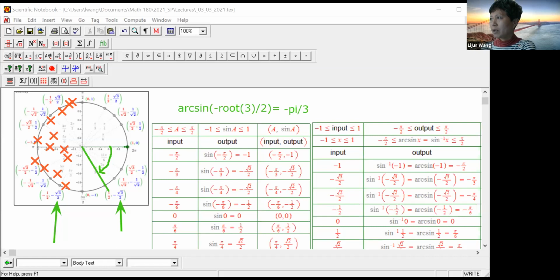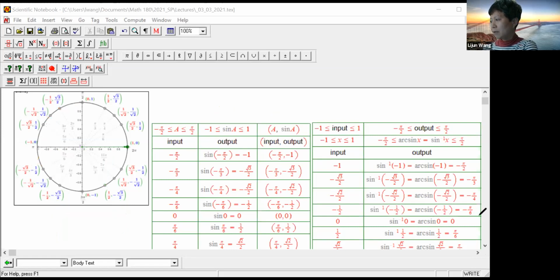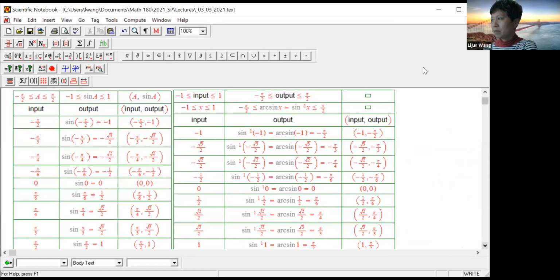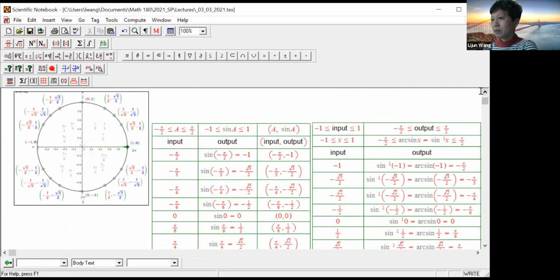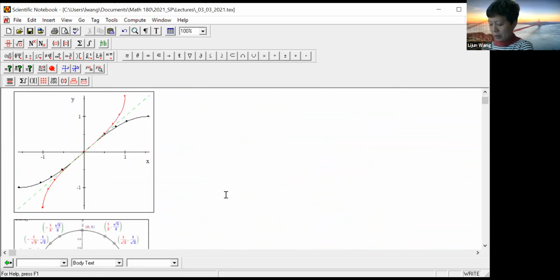Therefore, let me write this down. I'm going to clean this up and put it on the top.